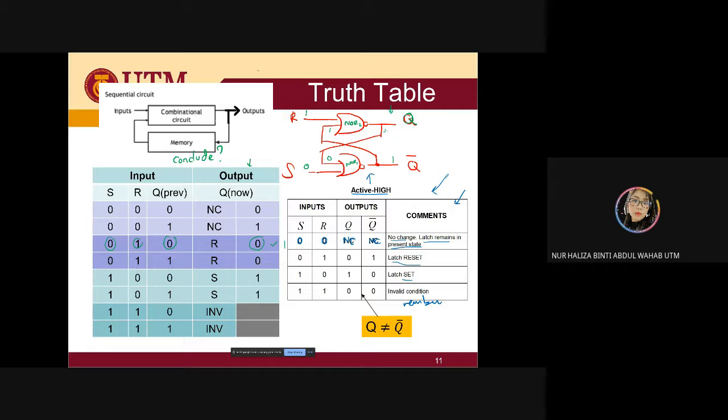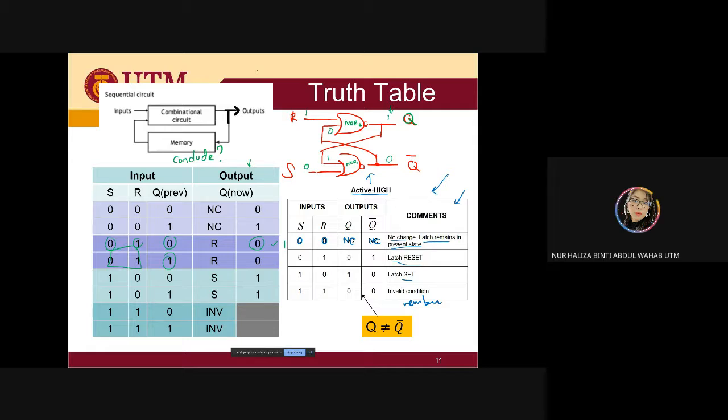We check another one. Let's say our initial value is 1. The input is similar. If it's 1, what happens? 0 and 1, we will get 0 for our Q bar. And 0 here, we will get 0, 1. 1 will be here. 1 and 0, we will get 1.